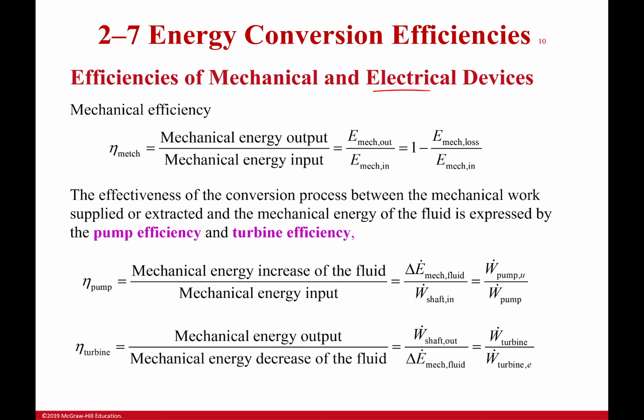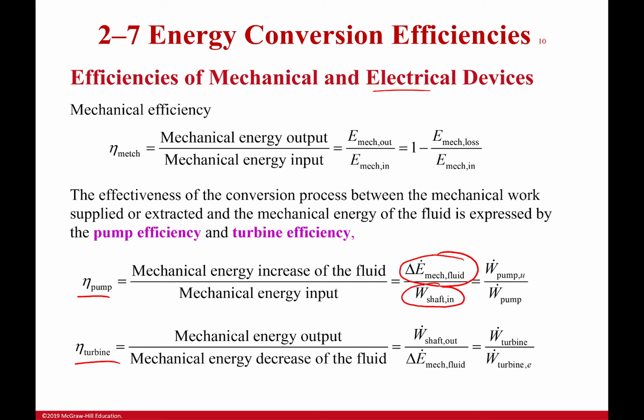Okay. Now, I have a pump here and I have a turbine. These are two things that if you go into applied thermodynamics, or Thermo 2, however you want to call it, you're going to see them a lot. And so you're trying to figure out how efficient a pump is or how efficient a turbine is. Well, both of them are trying to do two things. One, the pump is trying to increase the energy of your fluid. And so you have to ask yourself, how much energy is my fluid gaining and how much work was I putting in?